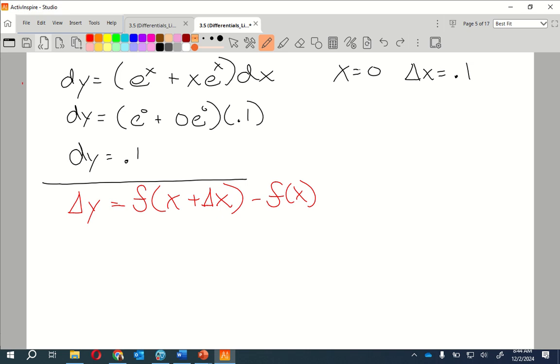And I'm going to plug in using the same thing. So I get delta y is equal to f of 0 plus 0.1 minus f of 0. And f of 0 is going to be 0.